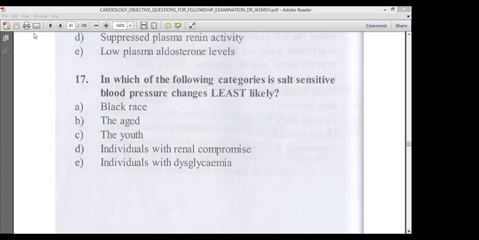Who is next in line? Dr. Adeyanju. Hey. Dr. Adeyanju. Hello, good evening. Good evening, sir.